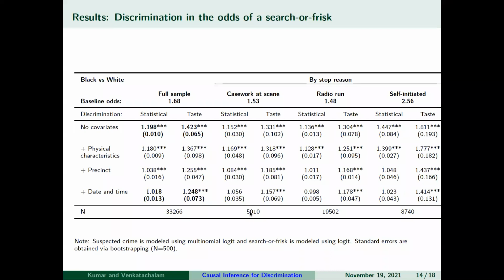Because conditional on being stopped, you stop the person, and then at that point you can have more information from your license records if you have any prior arrests, any prior incarceration.